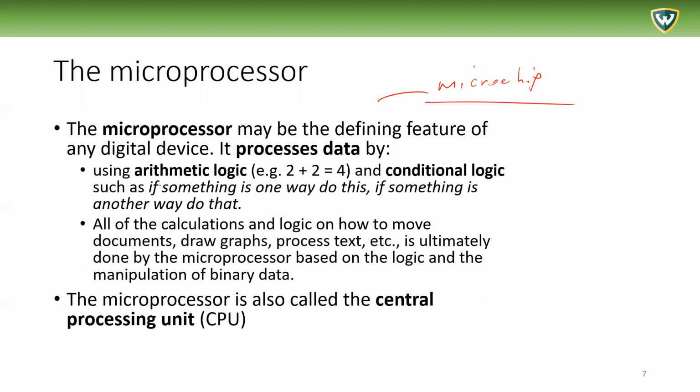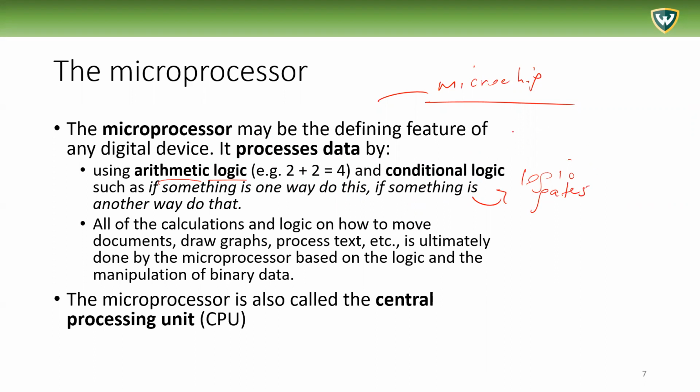It uses arithmetic logic, so basic mathematical arithmetic, such as 2 + 2 = 4, which of course can build to more complex mathematics, such as exponents, multiplication, and so on, and conditional logic, such as if something is one way, do this; if something is another way, do that. So it has the ability to process mathematical data, but also this kind of logical, human conditional logic, in a way, via things like logic gates, which are part of the hardware.